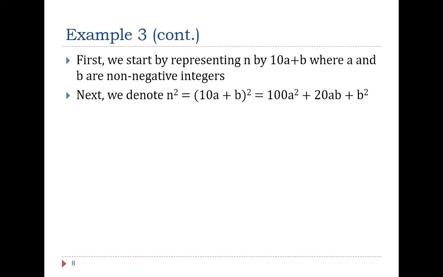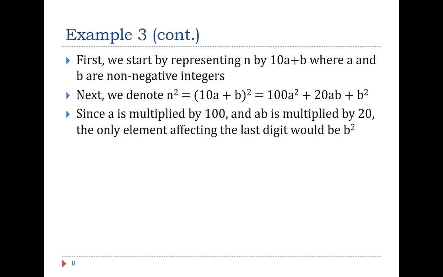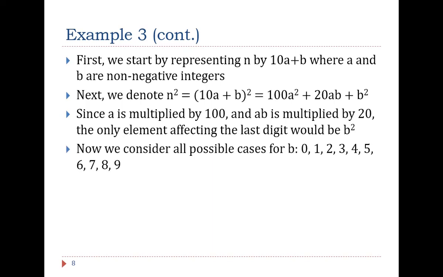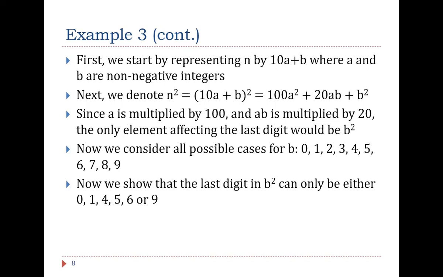So this is equal to 10 times (10a squared plus 2ab), plus b squared. Do you agree? The rightmost digit is in b squared, and b squared can only have one of those digits: 0, 1, 4, and so on. Is it fine? So now we have shown that the last digit in n squared can only be 0, 1, 4, 5, 6, or 9.